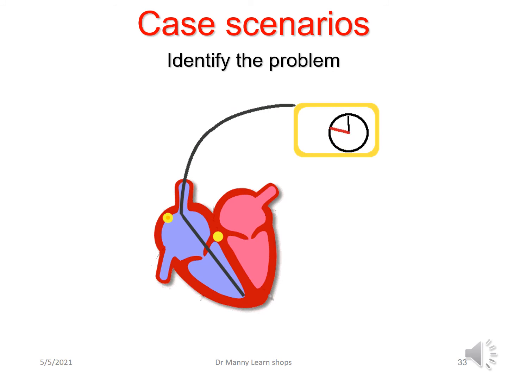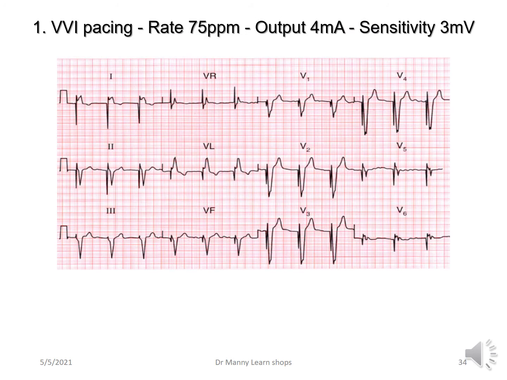Let's look at some case scenarios and see if you can identify what the problem is. You've got VVI pacing, which is probably the most common mode of pacing in temporary pacing. We're not talking about permanent pacing, we're talking about temporary pacing. The rate is set at 75 pulsations per minute, the output 4 milliamps and the sensitivity 3 millivolts.